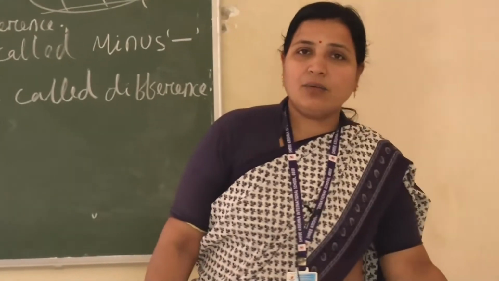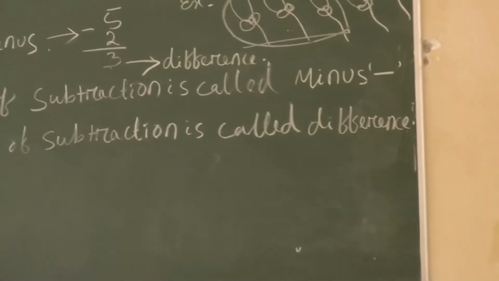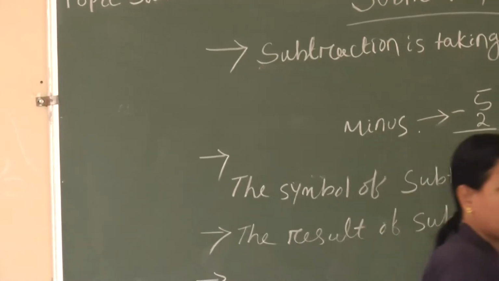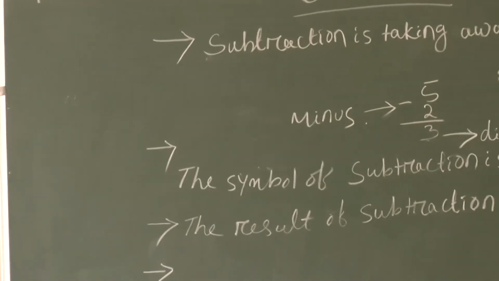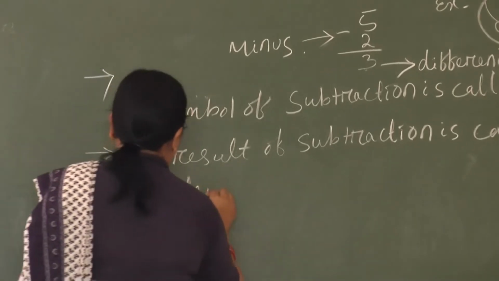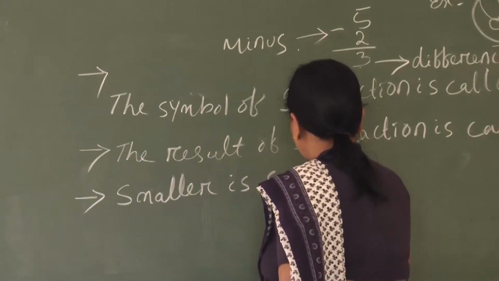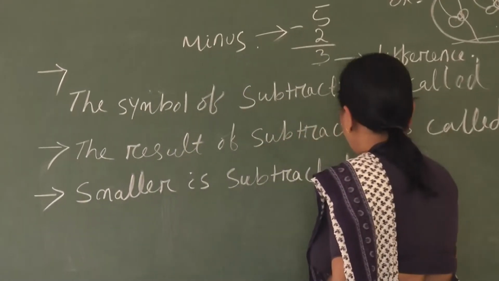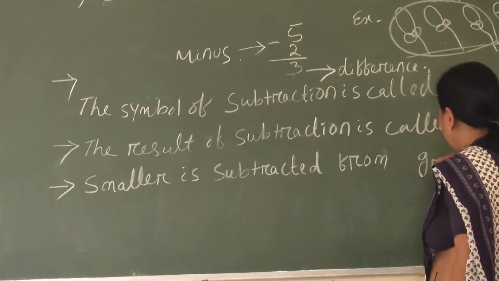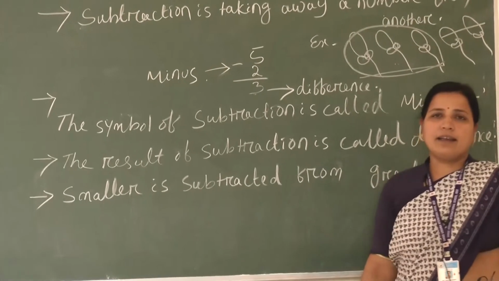But in addition we can do it. So another rule of subtraction is that smaller is subtracted from the greater. From the greater number, we can subtract the smaller one.